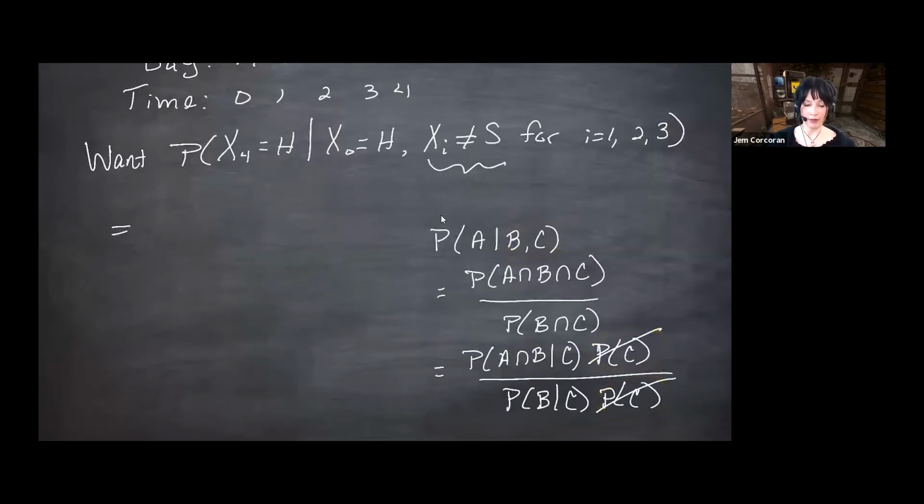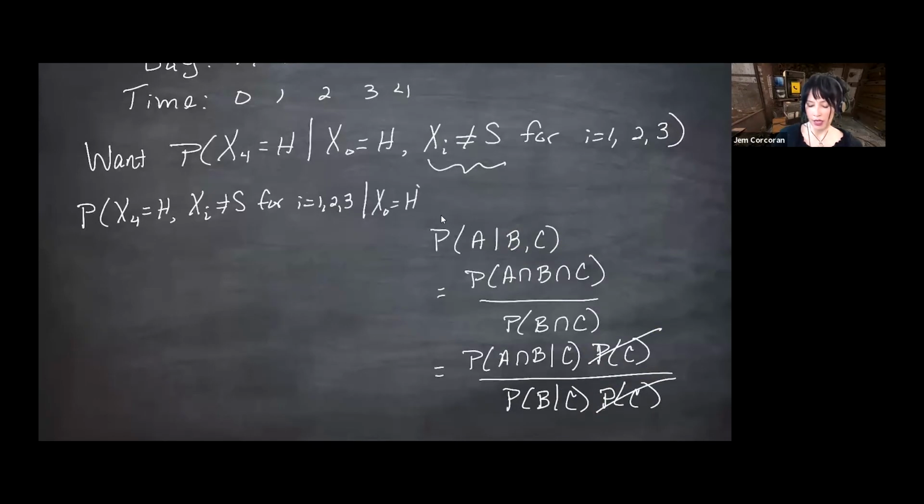So going back to the problem, this is going to equal the probability that X4 is happy and Xi is not sad for i equals 1, 2, 3, given X0 is happy, over the probability that Xi is not sad for i equals 1, 2, 3, given X0 is happy.